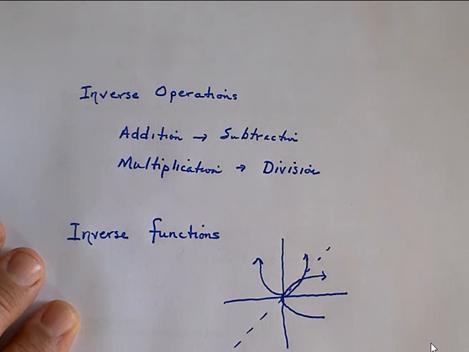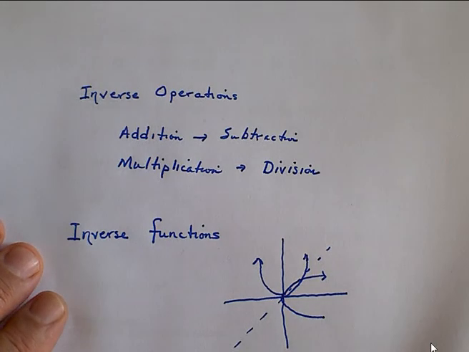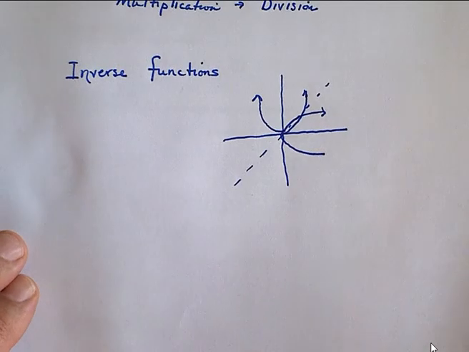Now, we're not going to deal with graphs. We want to look simply at how we take one function and get the other. There are a couple of different formats we're going to look at, and the first two problems are going to be just like this.